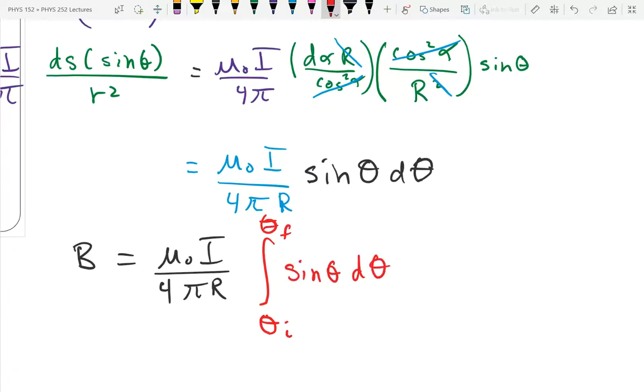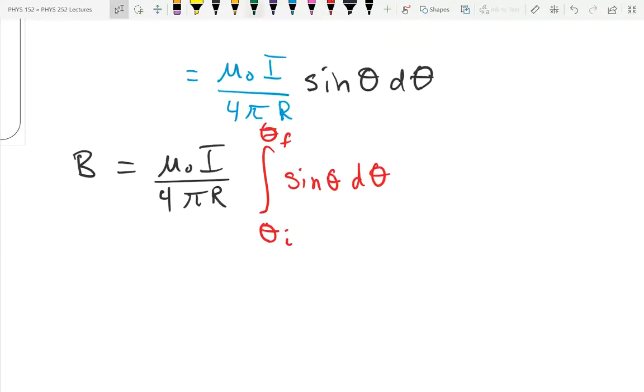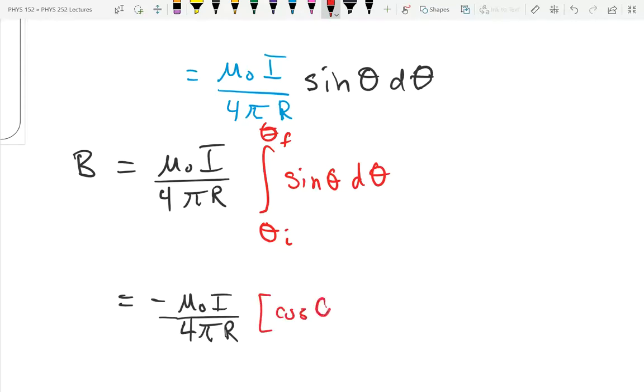What's the integral of sine theta d theta? It's minus cosine theta. I swear I said the wrong thing, but it's minus cosine theta.